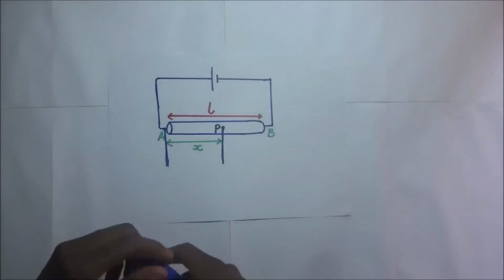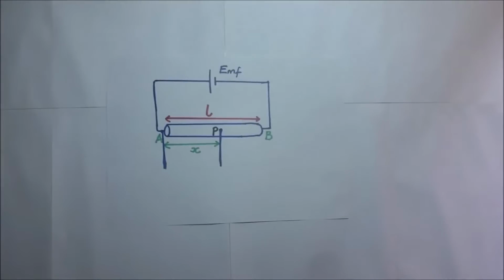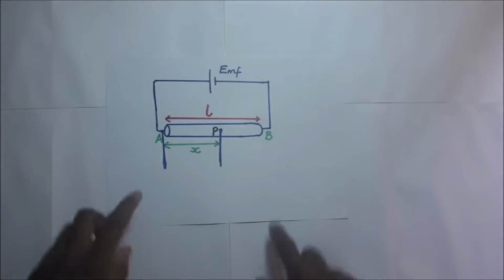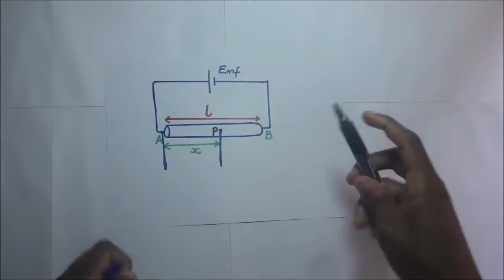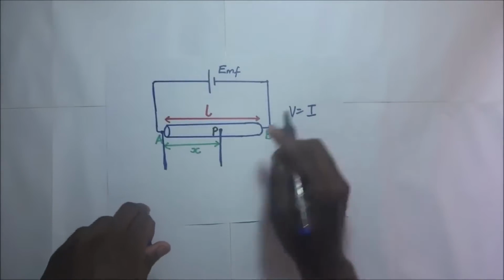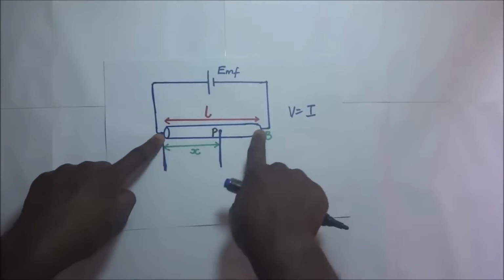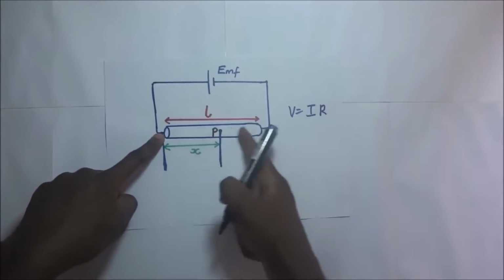Now let's go on and find the potential difference across this slide wire. The potential difference across that slide wire, VAB, is going to be given by V equal to the current going through that slide wire times the resistance of that very slide wire.